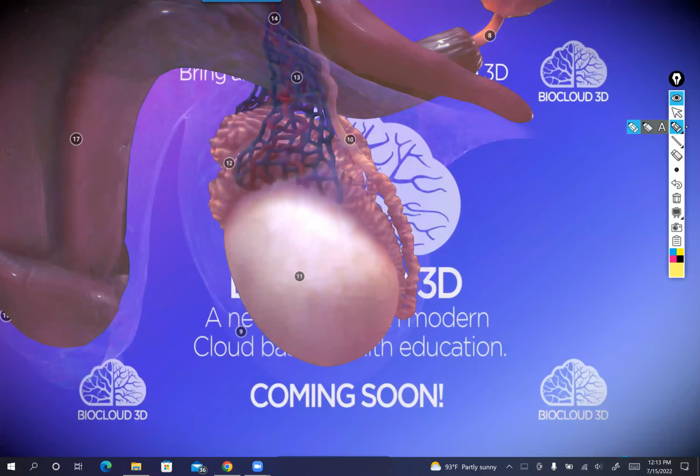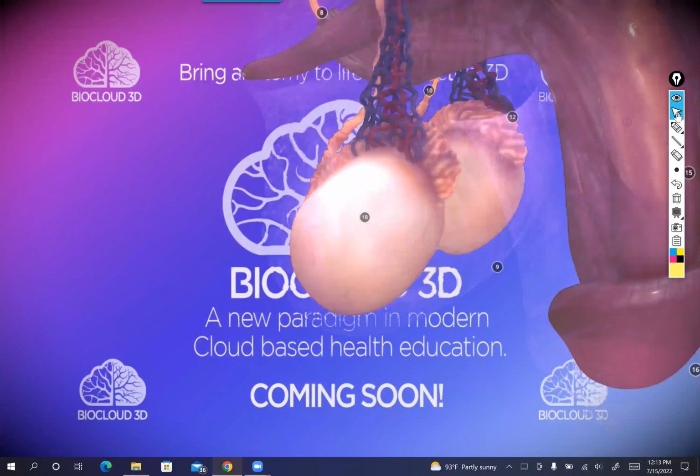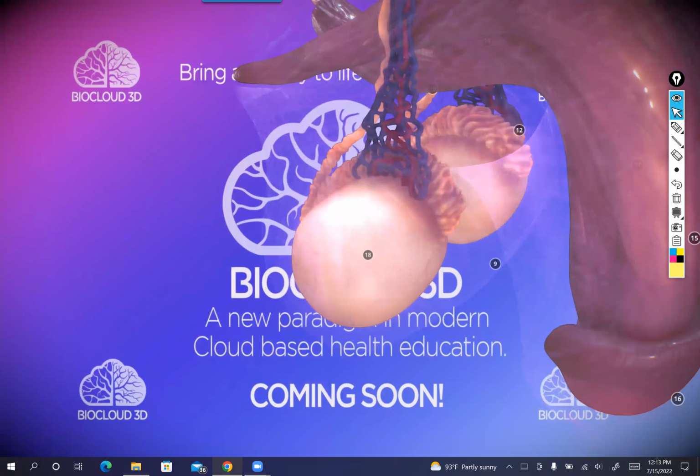So as you can see from this picture, the epididymis is sitting on top of each testis. And I really wish I could look at the medial aspect so that these vascular structures aren't in the way. There we go. I think that's the best we can do. So it sits on top right here.